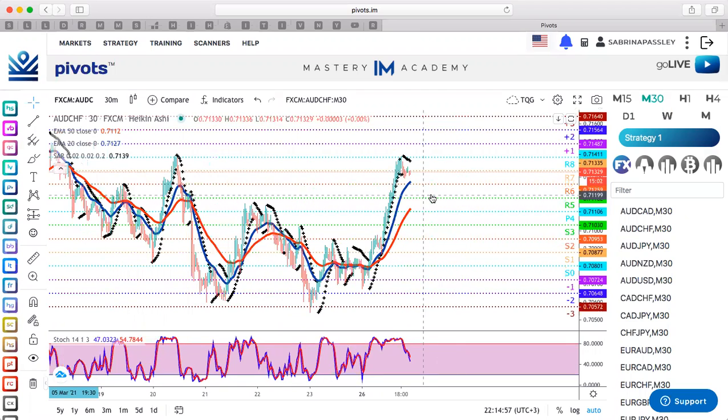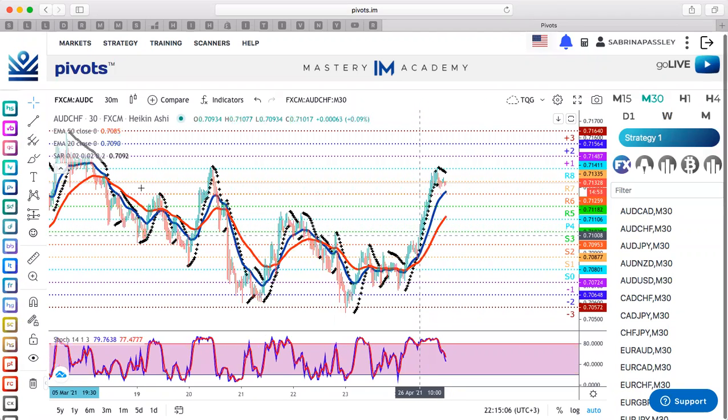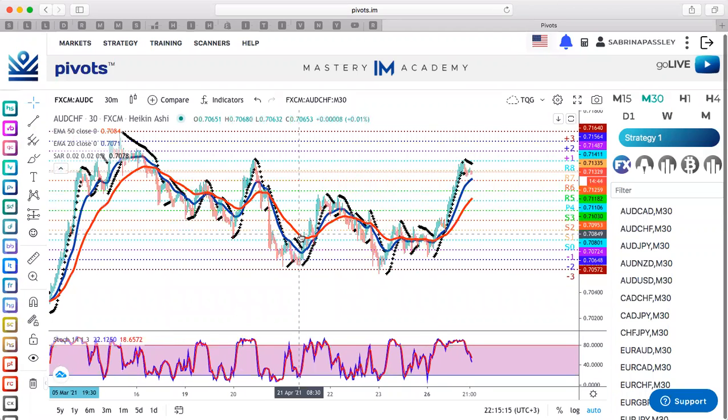So that's what you look out for when you're in the trend. That'll be the first thing. The second thing is your EMAs. Once you've set up your scanner, you want to ensure that you've got the 50 EMA and 20 EMA and your parabolic SARs all on the chart.